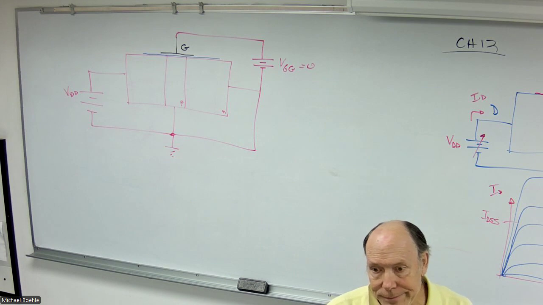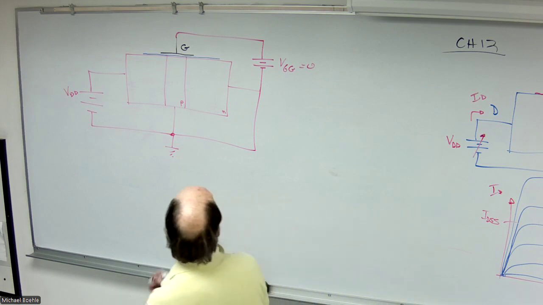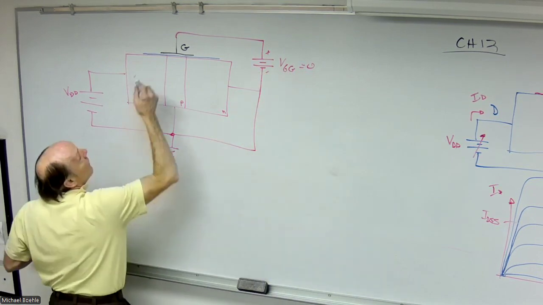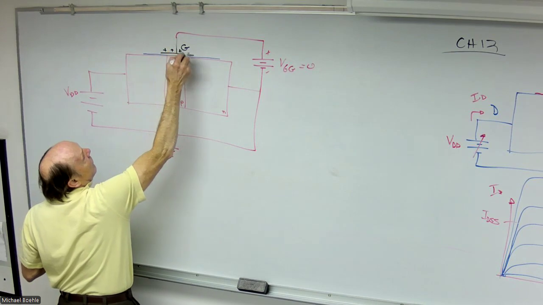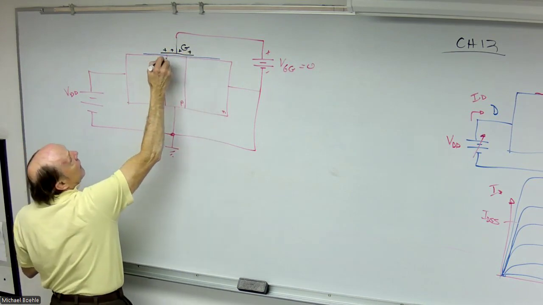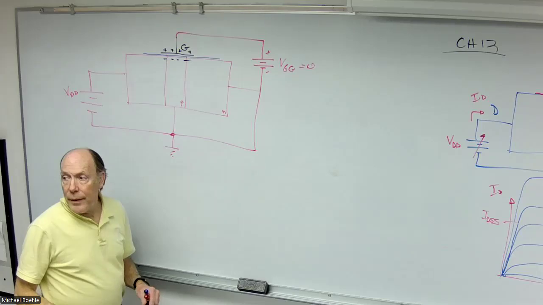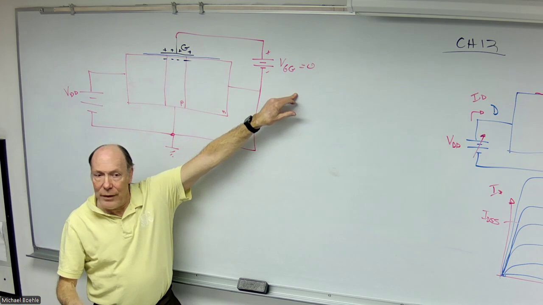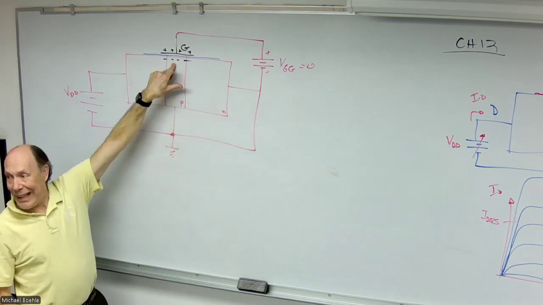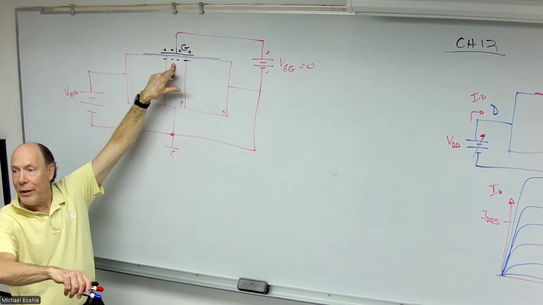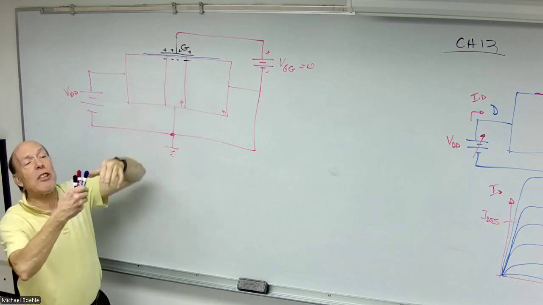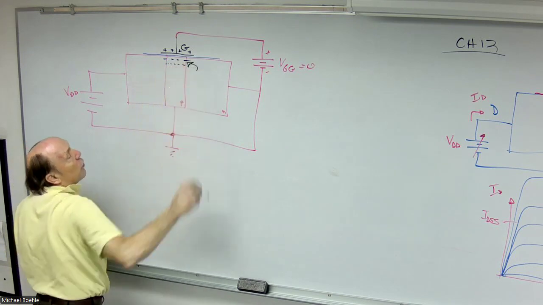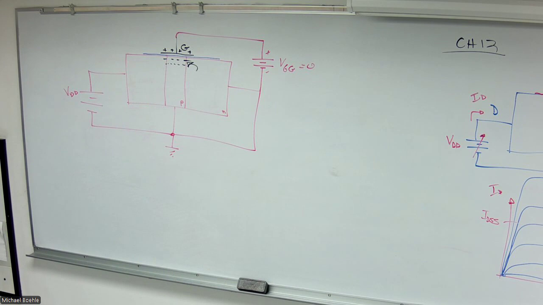There is no current. With a positive voltage on essentially this side of my capacitor, I will draw in electrons. When this voltage is high enough, there will be enough electrons here to fill in the holes and eventually have enough electrons to create a channel.